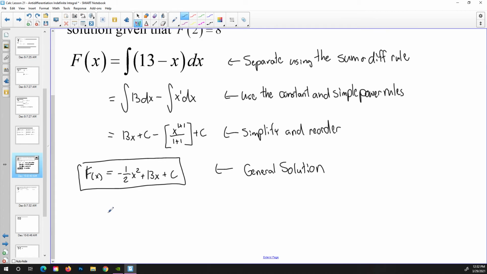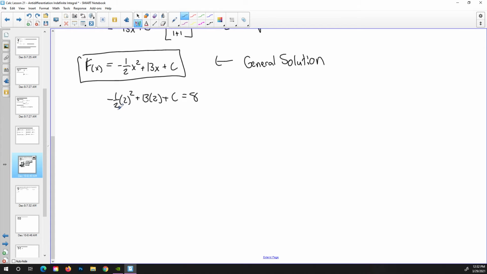So we know that if we plug in 2, so if I go 1/2 times 2 squared plus 13 times 2 plus c, I have to get 8 out of that. All right, so we can evaluate this. So 2 squared is 4 times negative 1/2 is negative 2 plus 13 times 2 is 26 plus c equal to 8.